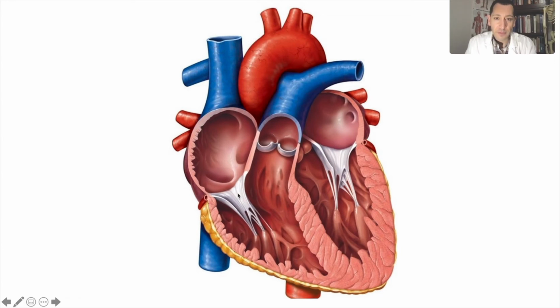Then the force of gravity pulls open the two atrioventricular valves, and 75% of that blood enters the ventricles. That's step two. Step one, the atria fill up with blood. 75% of that blood enters into the ventricles. By what mechanism? By gravity. They just open.